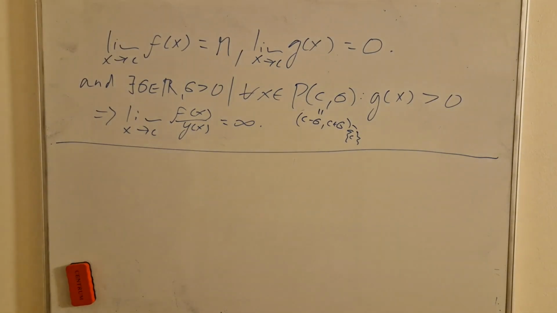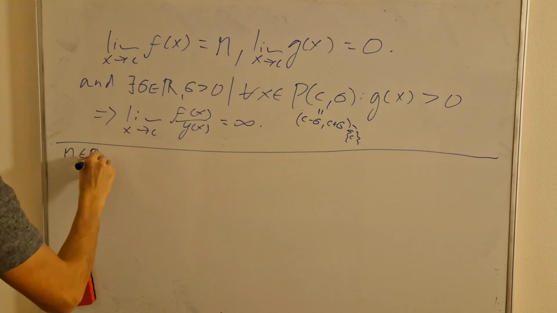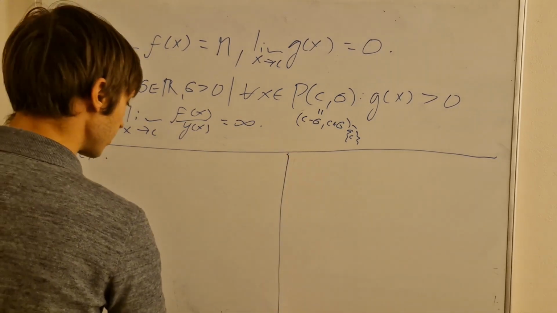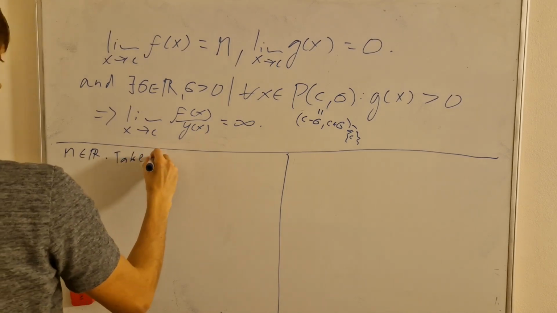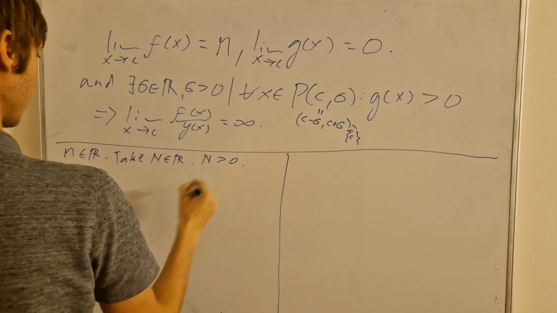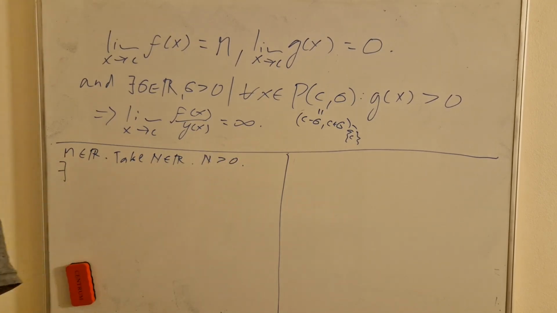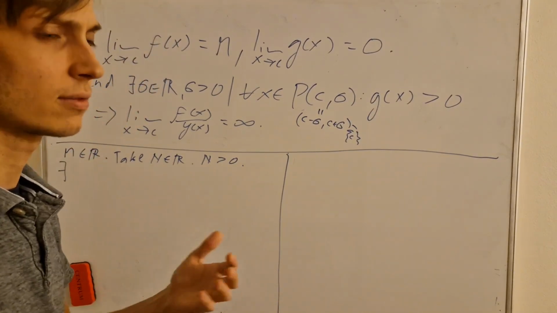All right, so we have some m. If m is real, that's the first half of the proof. I can take a real number n, and let's just declare that there will exist some delta 1, delta 2 that will satisfy certain conditions.